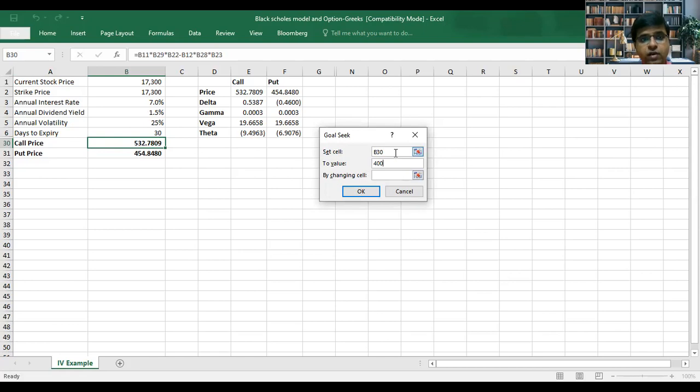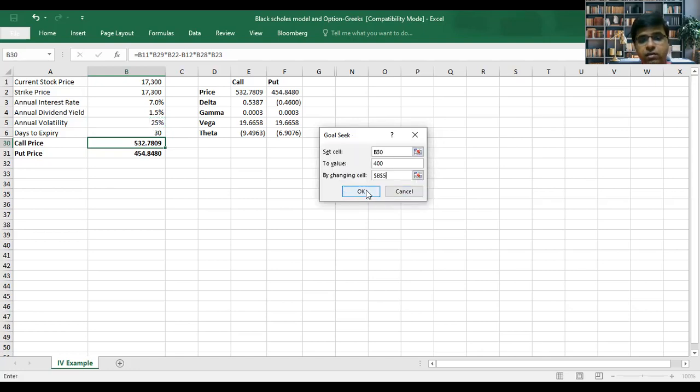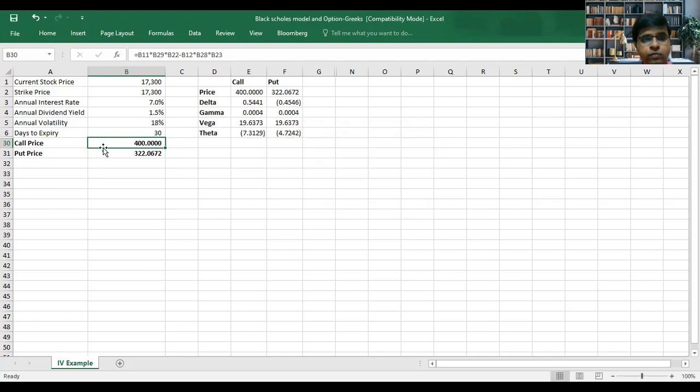We set B30, the call option price, at 400, by changing the value in cell B5, which is the annual volatility, and we click OK. You can see Excel automatically calculates that the call option price will be 400, assuming the other factors are constant, at an annual volatility level of 18%.